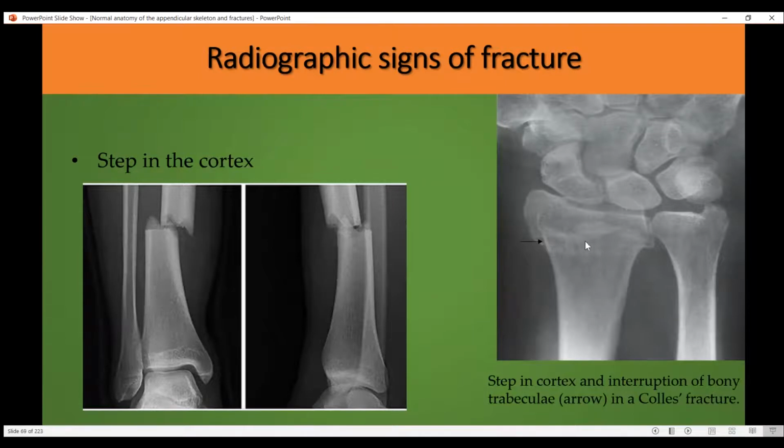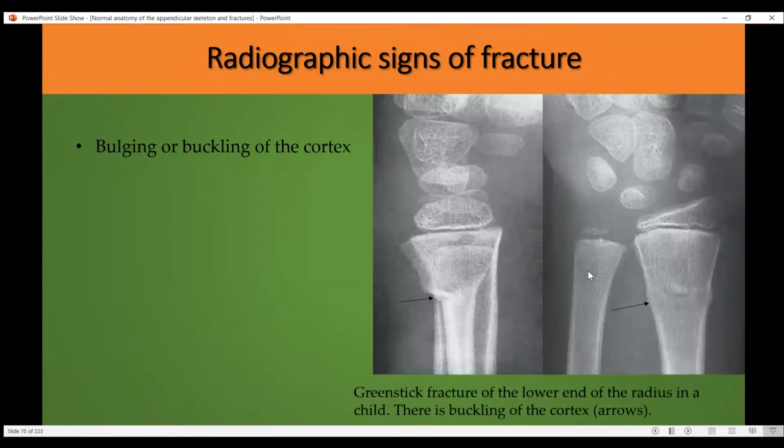Here there is a hyperlucent line, a black line in the distal end of the radius. Sometimes we can also see a bulging of the cortex.